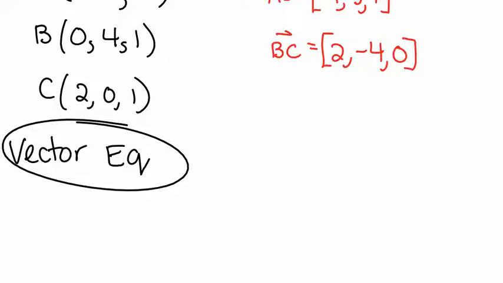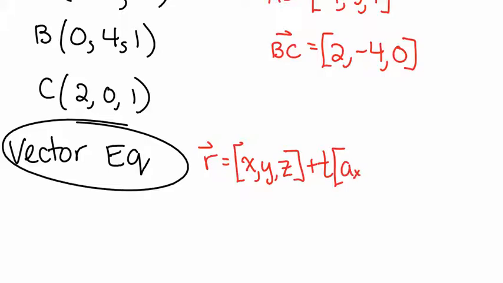To write a vector equation of a plane, you need to know a point and 2 direction vectors. The vector equation of a plane looks like this: there's my point, and these are my 2 direction vectors.